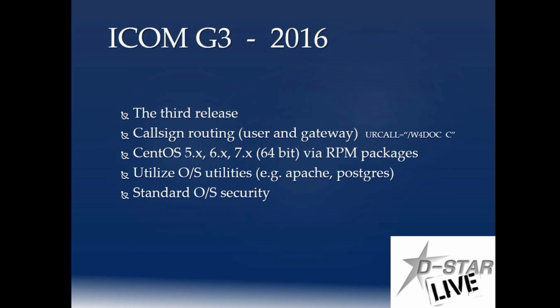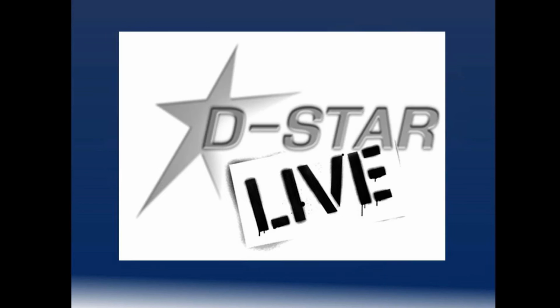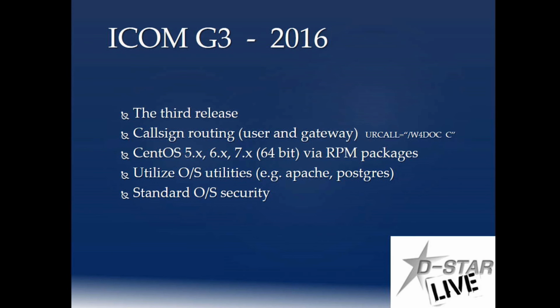And they did that not by just giving us a tarball that we had to go in and compile the system and load it into different places, but they used RPM packages, which were the default packages for the Red Hat-based releases. So it's Red Hat Package Manager type packages. So now they're distributing software the way that the rest of the world has been distributing Linux software for the last 10 years.